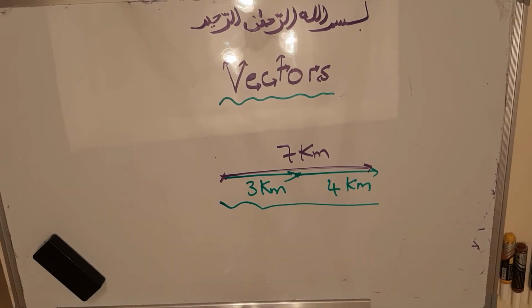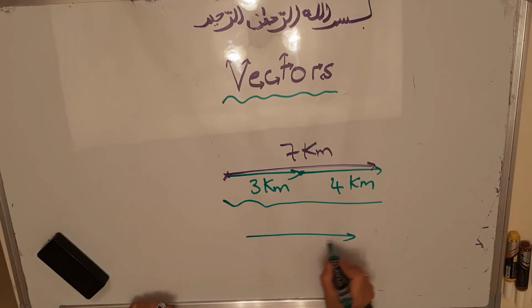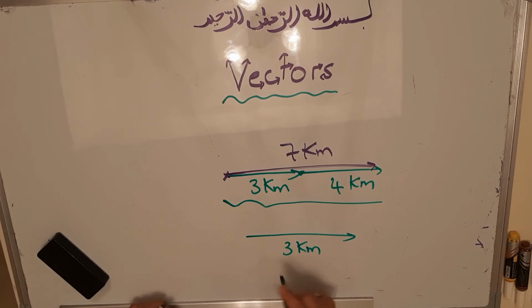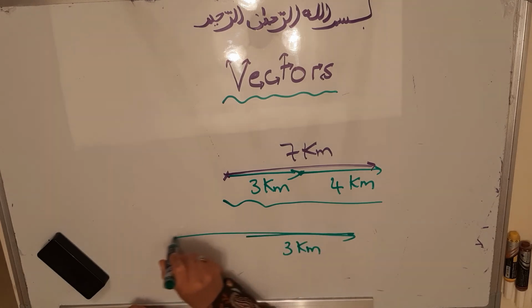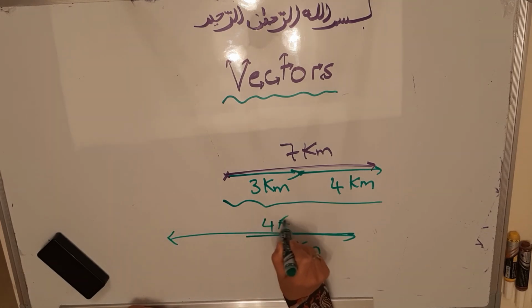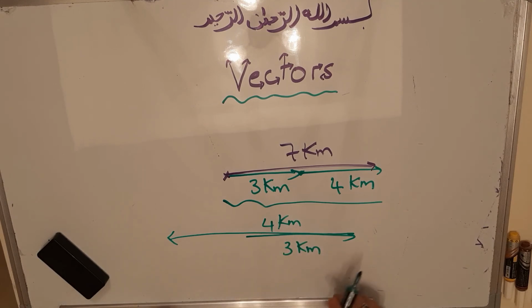Let's say I go 3 kilometers due east, and then I come back 4 kilometers due west. This is not to scale, and this is not the most beautiful vector.